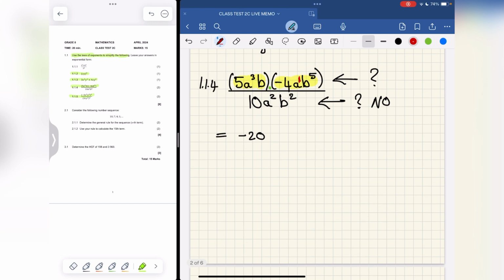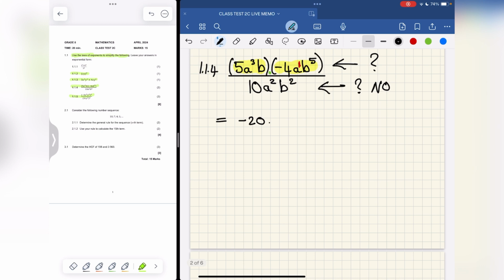So that's a to the power 1. When I multiply the a's, I keep my a as my base and add the 3 plus 1, so that is 4. And for b, I've got a 1 here as well, that's b to the power 1. If I keep my b and add my exponents, I've got 1 plus 5, which is 6.